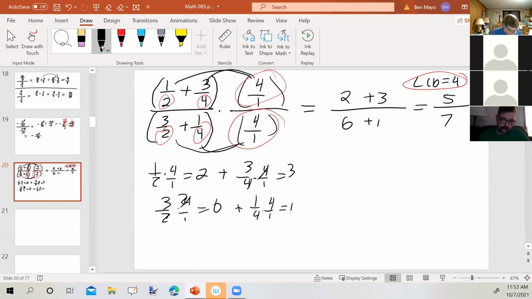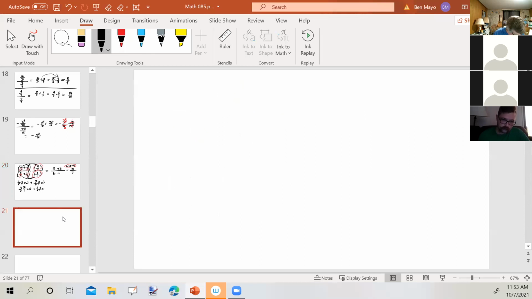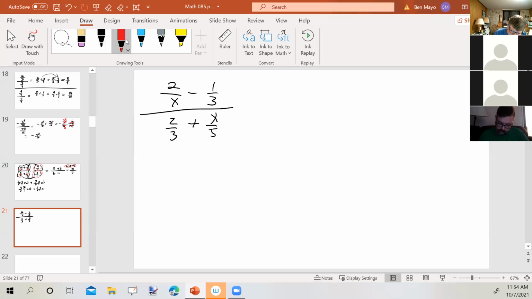All right, let's take a look at this example. 2 over x minus 1/3, all over 2/3 plus x over 5. So my denominators are x, 3, 3, and 5.